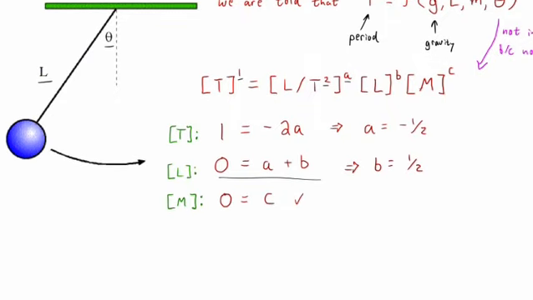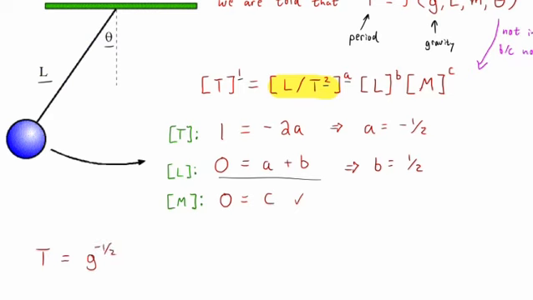Now we have solved for a, b, and c. So now we can plug those back in, and we know that the period is going to be equal to, let me highlight it, L over t squared, length over time squared, well, that was gravity. So now we have gravity, g, raised to the -1/2 power.